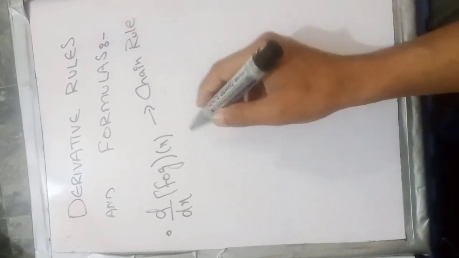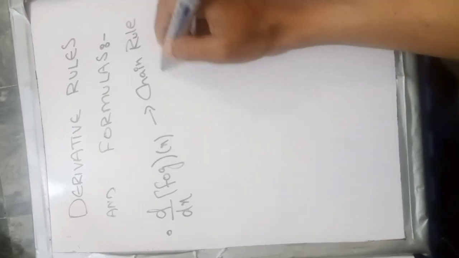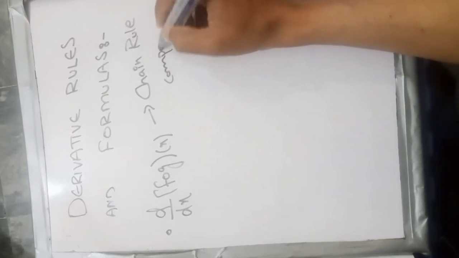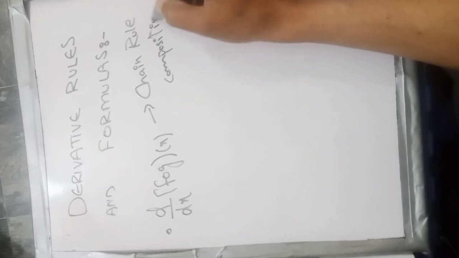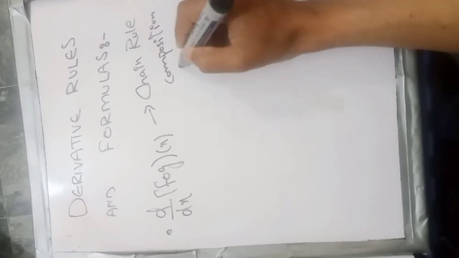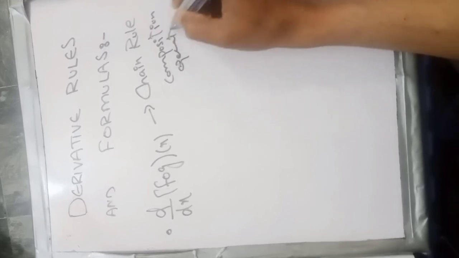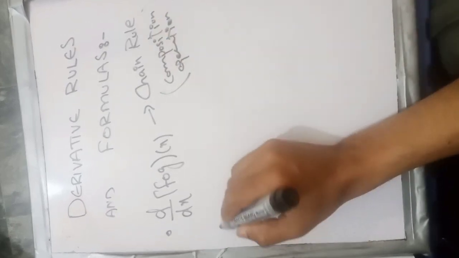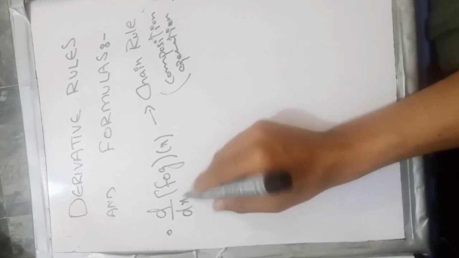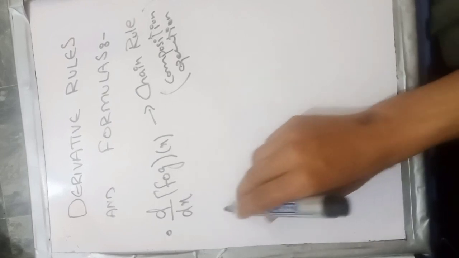But in product form, we use the product rule. So the chain rule is for composition, and the product rule is for products. How can we differentiate? It's a very simple way.